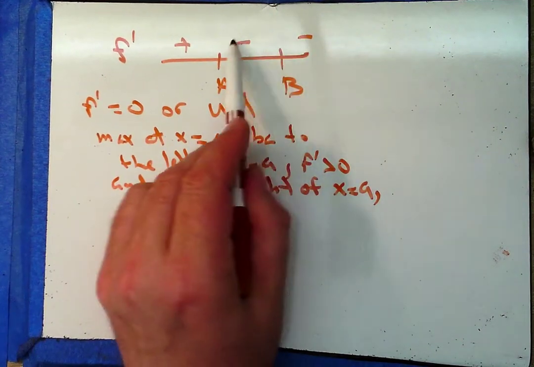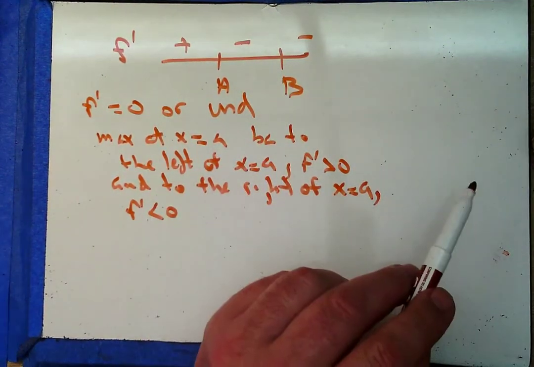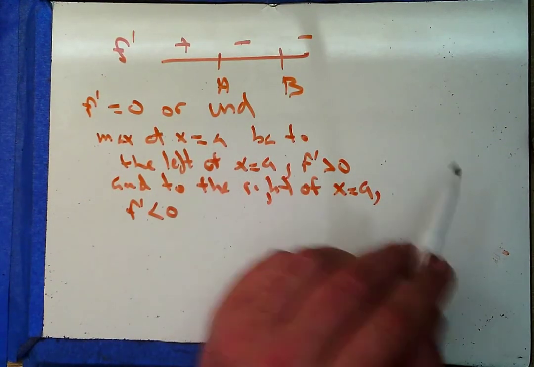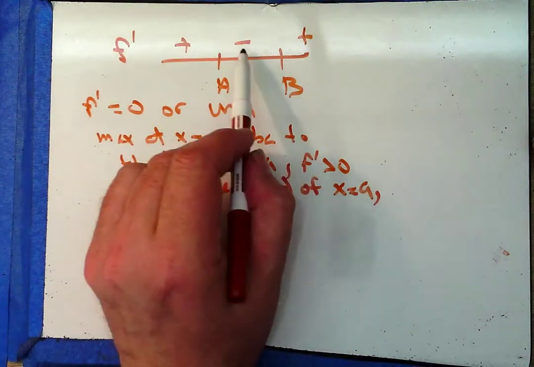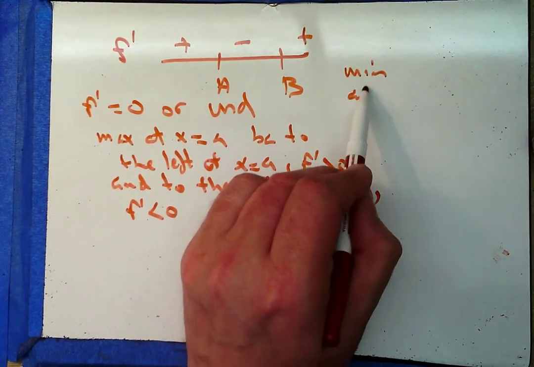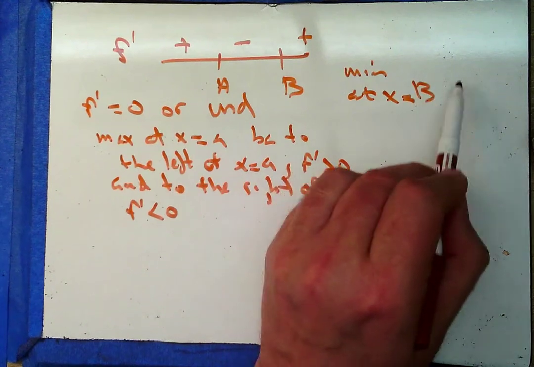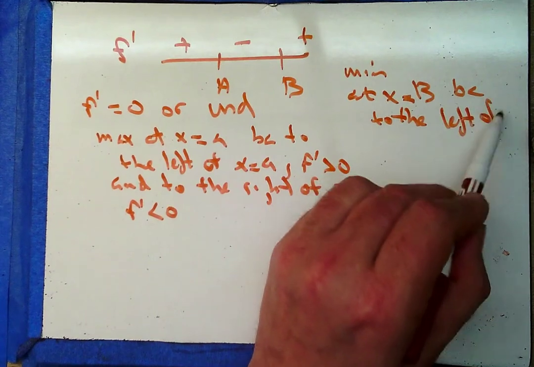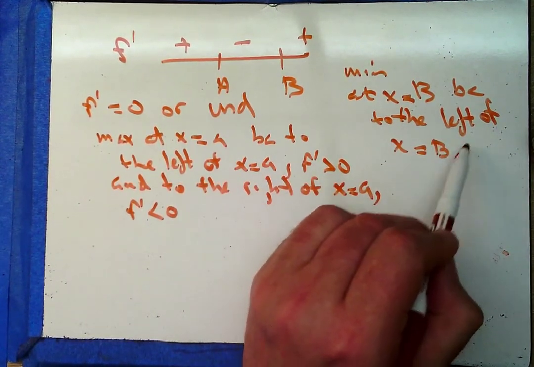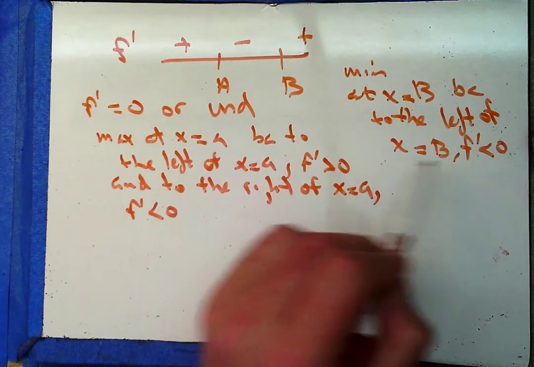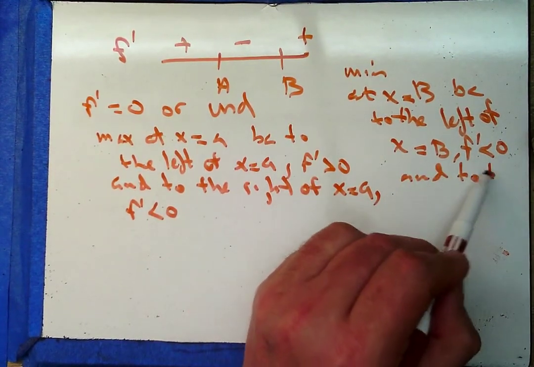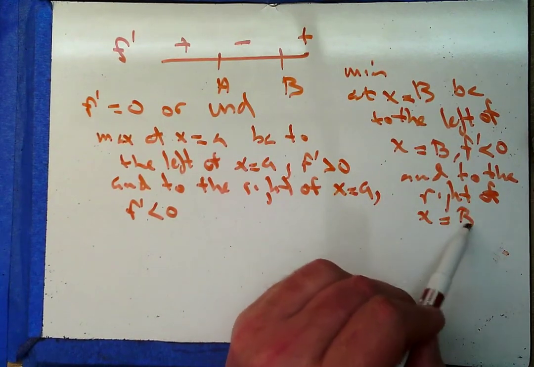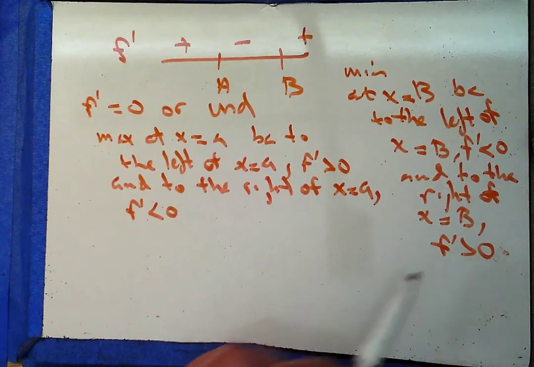No sign change here. We go negative to negative, so neither a max nor a min at b, the way this sign chart looks. But if I have this, now I see that there's a min at x equals b, because to the left of x equals b, f prime is less than 0, and to the right of x equals b, f prime is greater than 0.